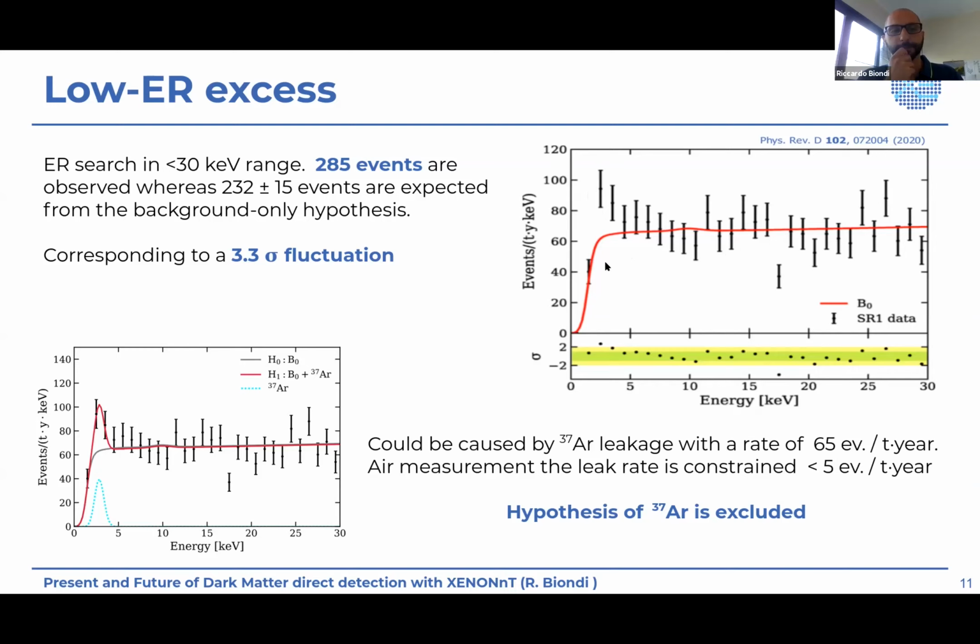This corresponds to a 3.3 sigma fluctuation of the background. This could be explained by a leakage of argon-37 with a rate of 65 events per ton per year. But from air measurements in the detector, the leak rate is constrained to be less than 5 events per ton per year. So this cannot be, so the hypothesis of a leakage of argon-37 is excluded.